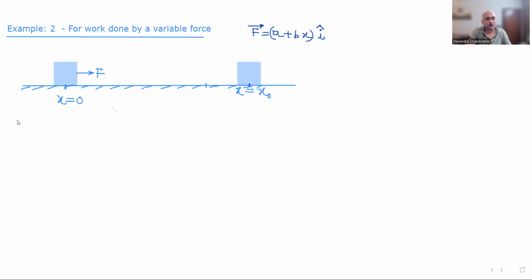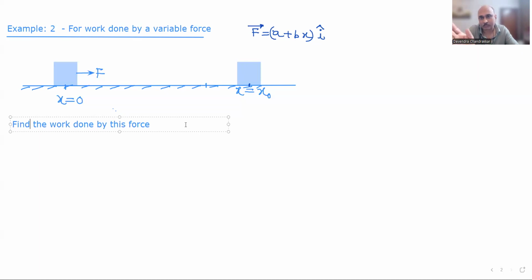You have to find the work done by this force. Sir, I couldn't hear you for a few minutes. Could you explain the a plus bx? It is the same force, the variable force a plus bx I cap.